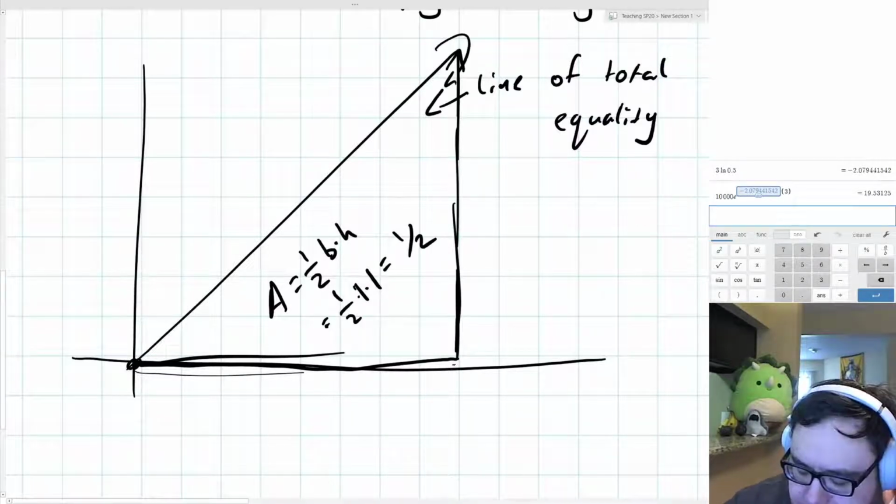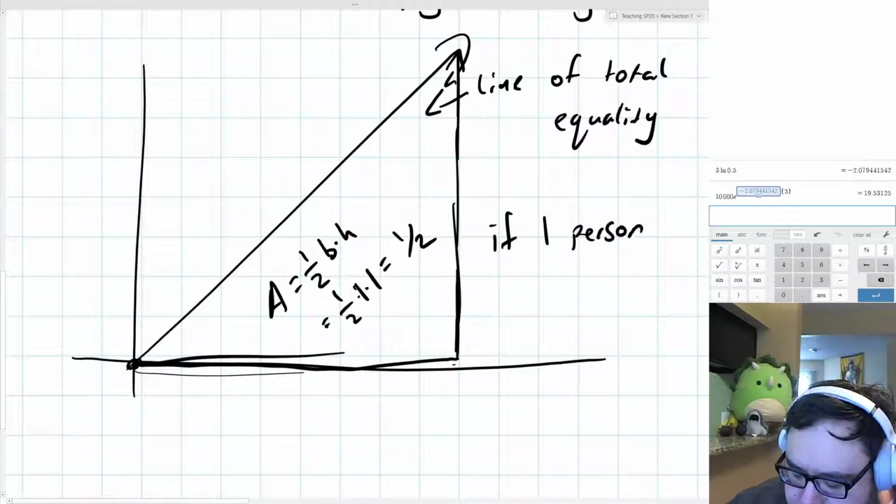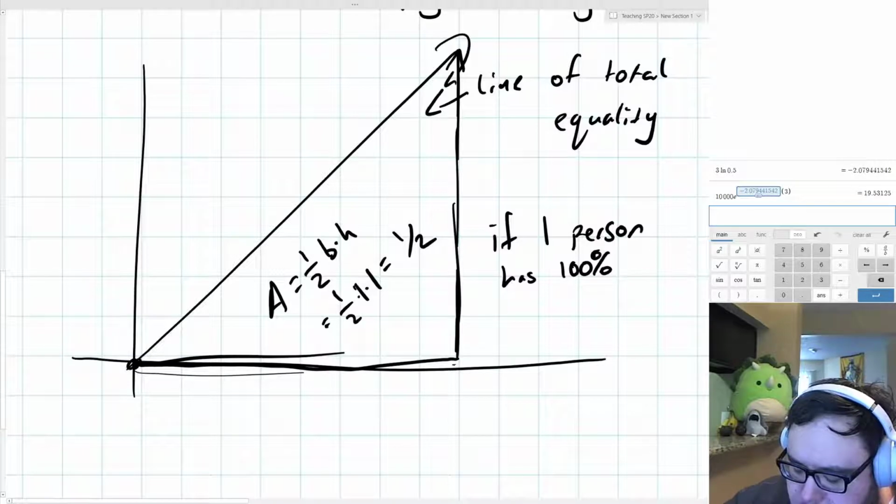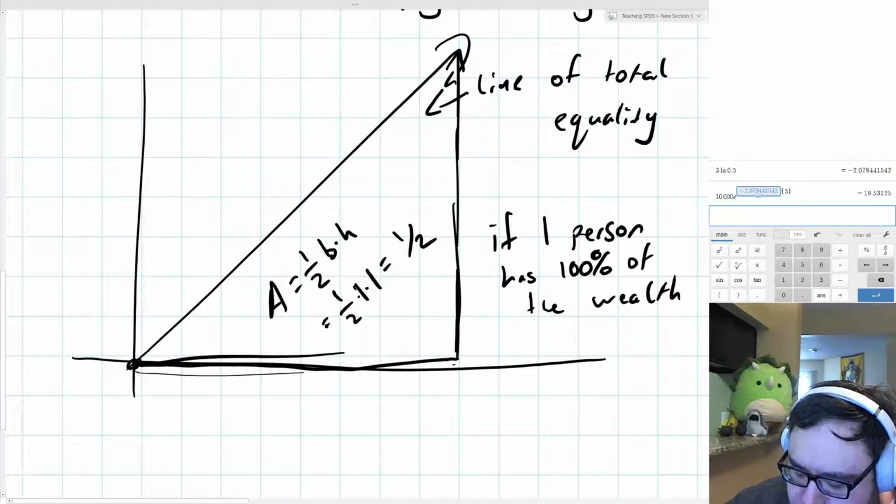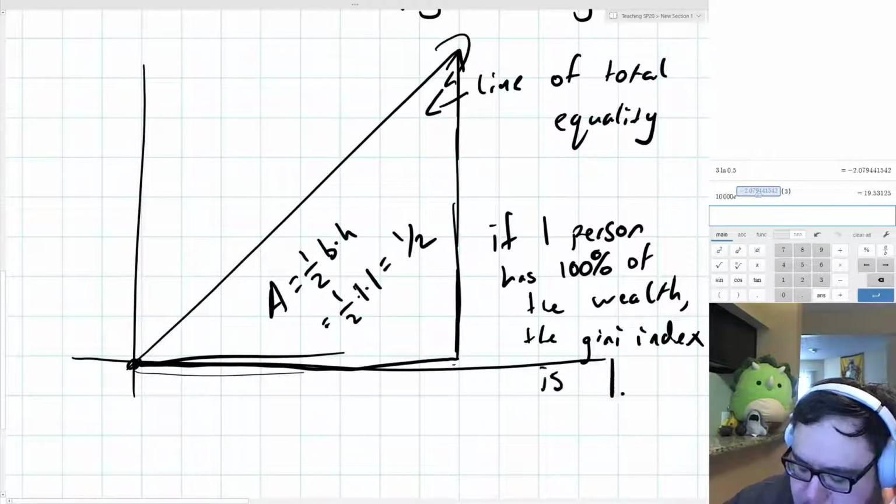So if one person has 100% of the wealth, the Gini index is 1.